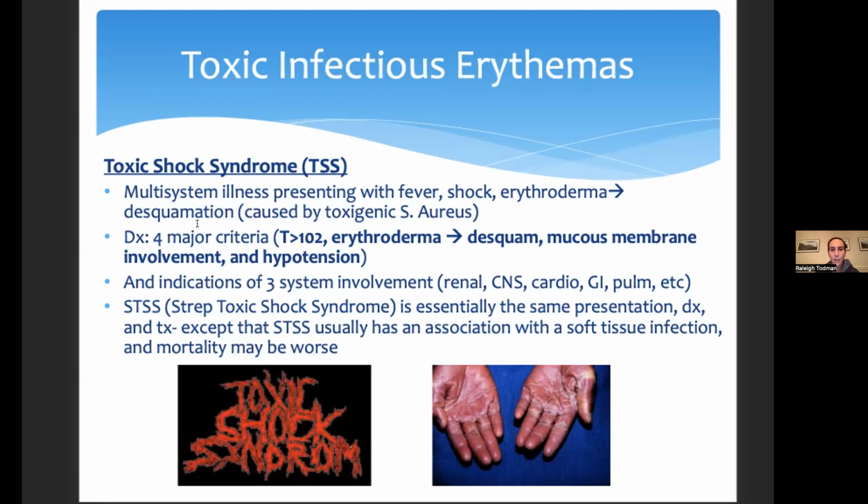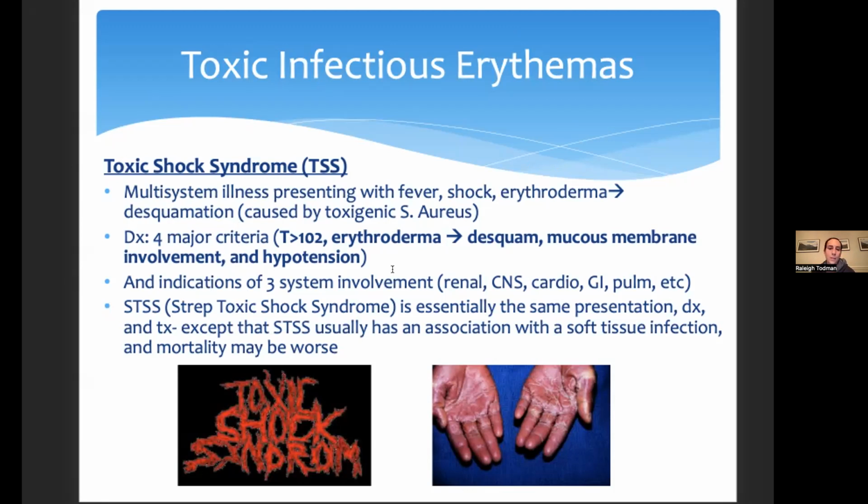The 4 major criteria are a fever over 102, the skin finding of erythroderma that becomes desquamation, mucous membrane involvement, and low blood pressure. And then also 3 system involvement you need for the diagnosis as well.